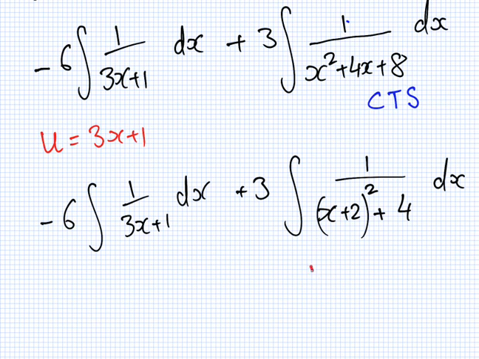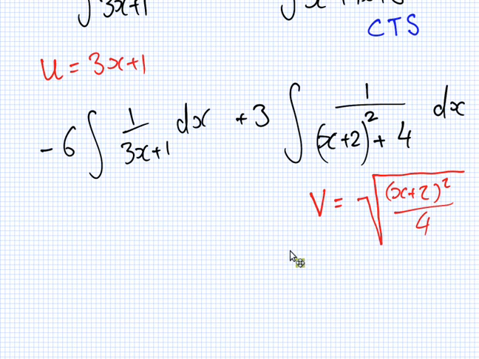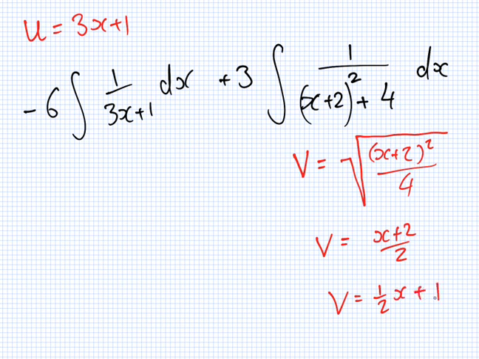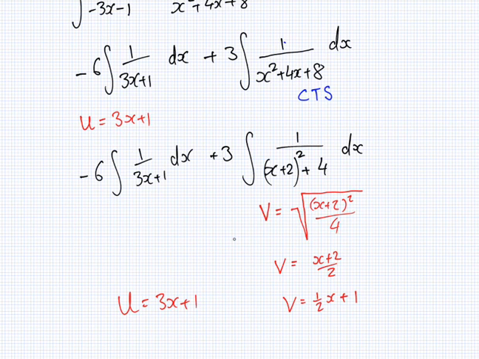Yeah, let u, well we'll say v this time. v is root of x plus 2 squared over 4, which looks really messy. But it's not, because the root cancels the square and cancels the 4. So you end up with v equals x plus 2 over 2, or in other words, v equals a half x plus 1. And then here we have u equals 3x plus 1. So these are the substitutions we should be using.